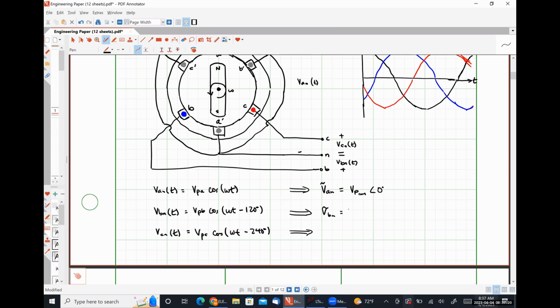VBN would be our phase voltage's RMS value with an angle of negative 120 degrees. And VCN would be our RMS phase voltage with an angle of negative 240 degrees.